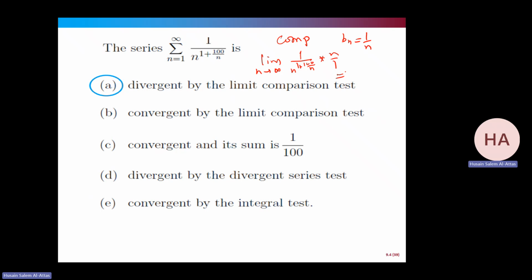That will be the limit as n goes to infinity of what? That will be n to the power 1 minus 100 over n. That gives me the limit as n goes to infinity of n to the power minus 100 over n.